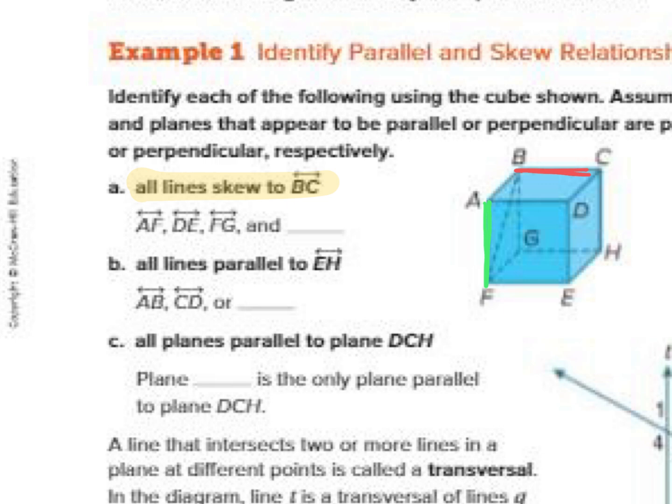Well, that's true. There's not a side that those two lines connect and create together. So there's not a plane that they're on together. Same thing with DE and FG. Okay. And so that fourth example would be HE. That line there would be considered skew to BC.